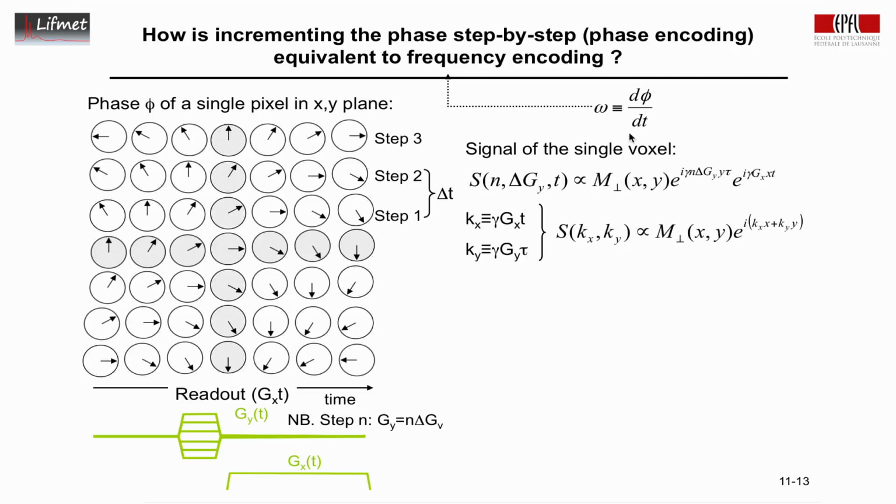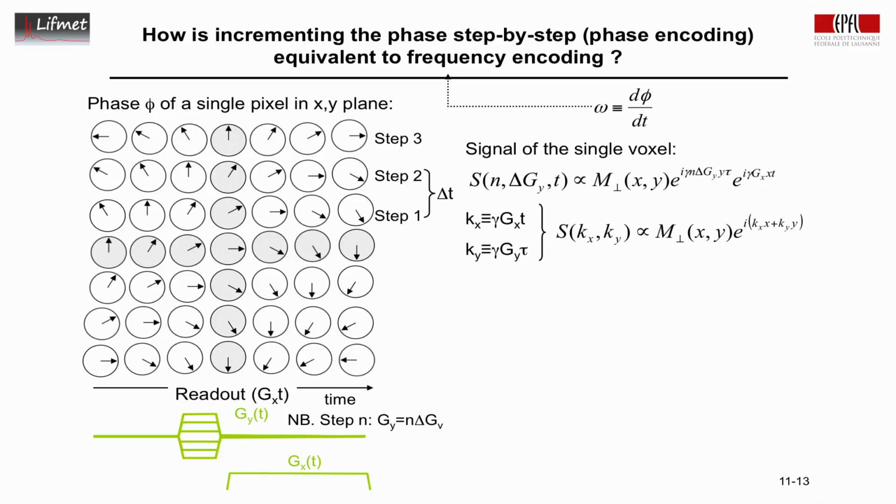We have the transverse magnetization, that's this term, and now the phase term changes, and you can verify this gives us i times kx times x plus ky times y. That's our signal of our voxel with this transformation of the variables. This is what we relate to the experiment, but these are mathematical variable transformations.